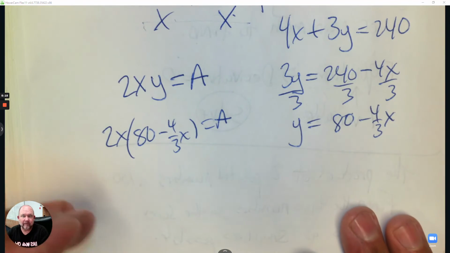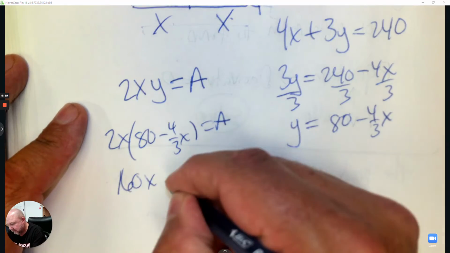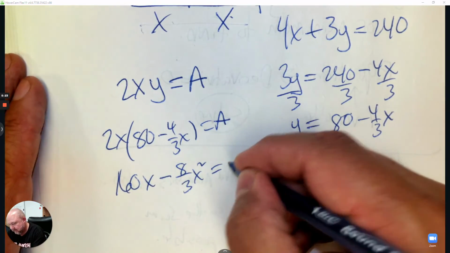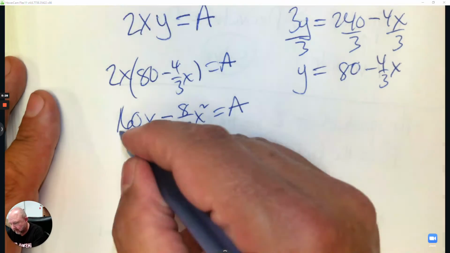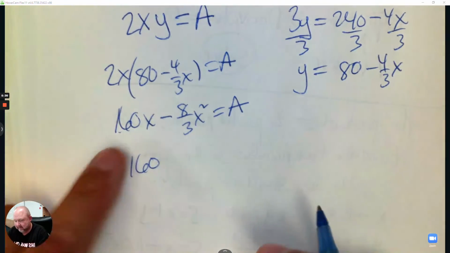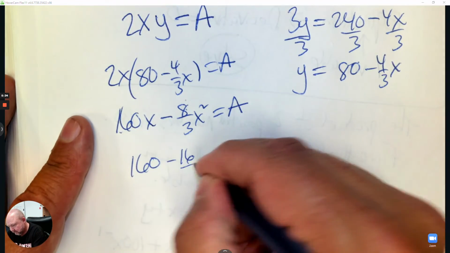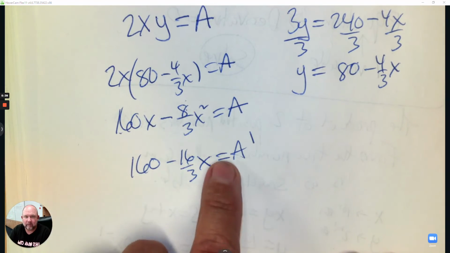I want to take the derivative equal to 0 and so on. So I'm going to distribute first to make the derivative easier. 2 times 4 is 8, and that's x squared. And now I'm going to take the derivative of this. So 160 is the derivative. 2 times 8. And then subtract 1 from the exponent.